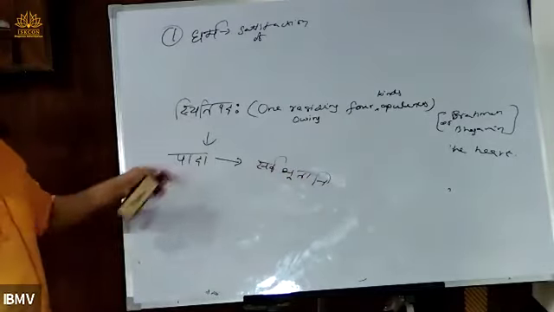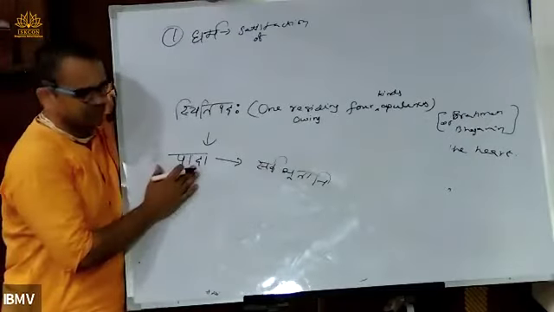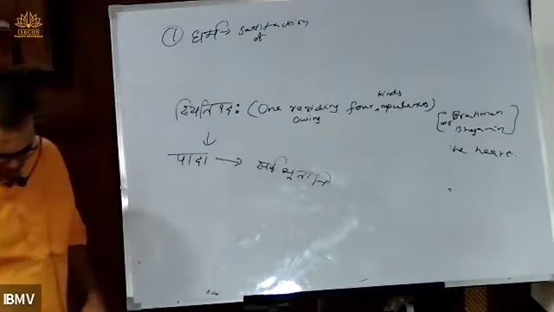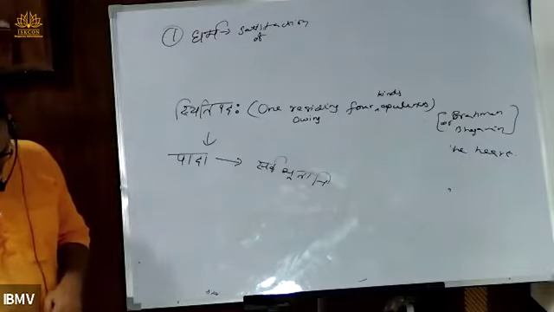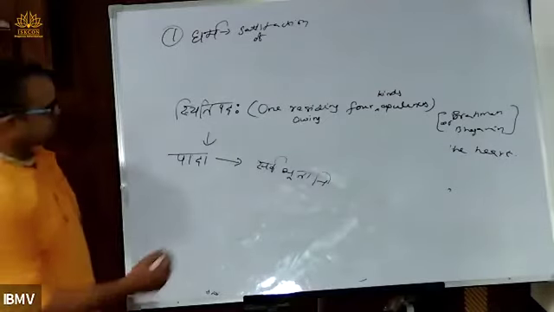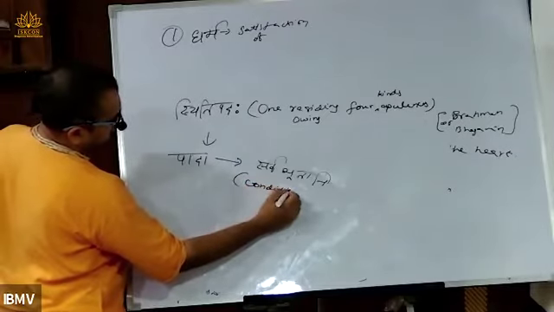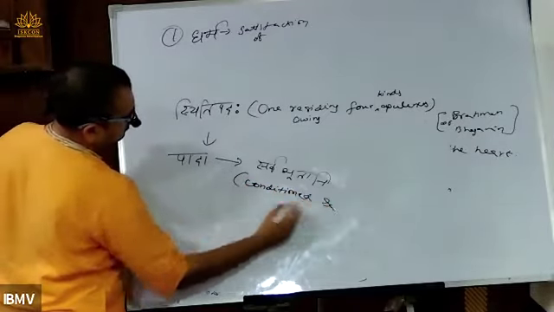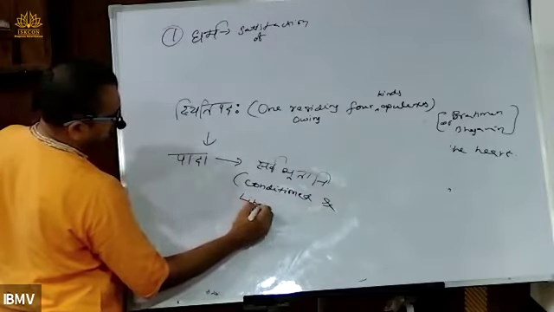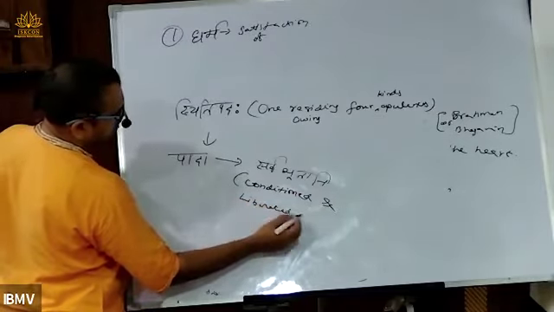That means all living entities are covered in these four padas. Sarva bhutani means conditioned and liberated. All are covered.